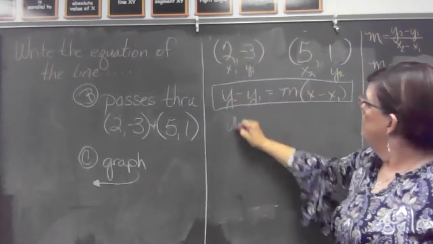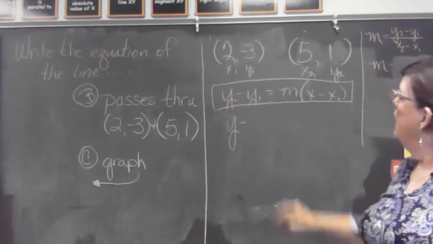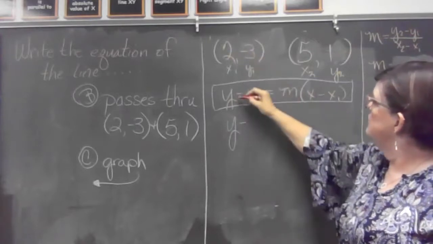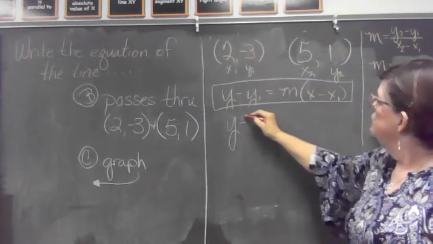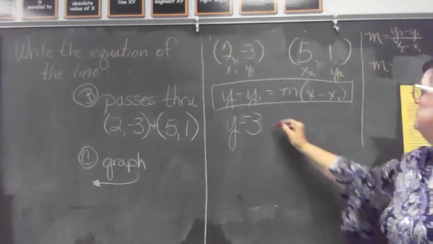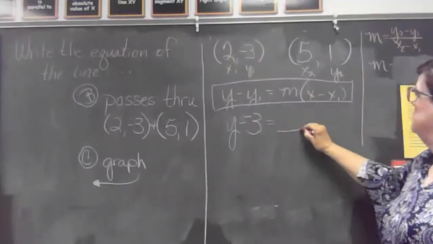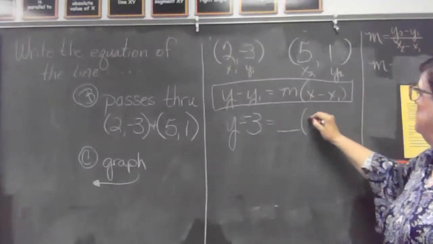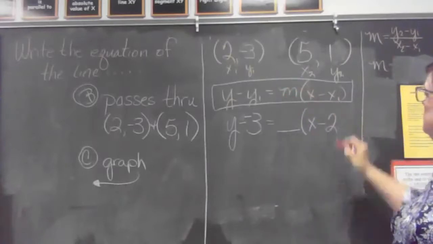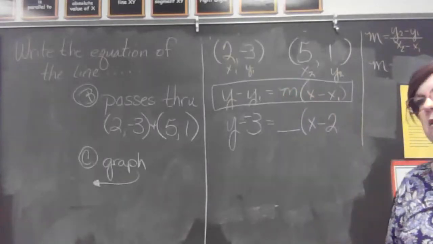Y stays a y, minus y1 is a negative 3. So this minus comes from the equation. So I have to put the negative 3 for the y1's value, equals slope x minus x1.